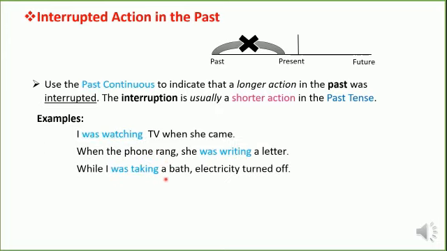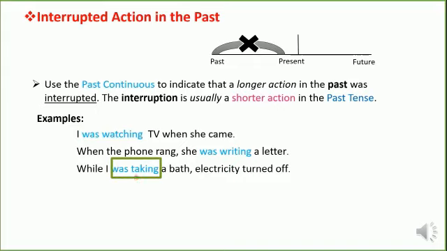While I was taking a bath, the electricity turned off. Look: was taking, turned off. I was taking a bath. While I was taking a bath indicates a longer action that continued for a certain period of time, in the past continuous.